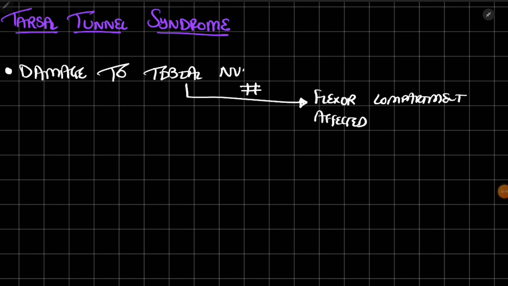Now the tibial nerve can be damaged in the upper part of the tibia, the middle part of the tibia, and in the flexor retinaculum.